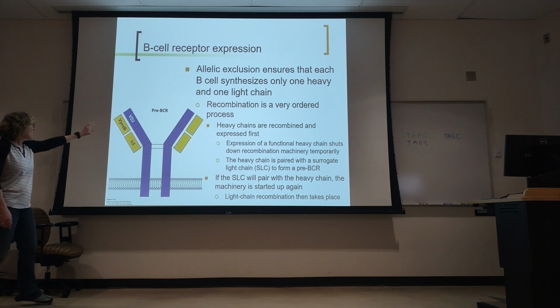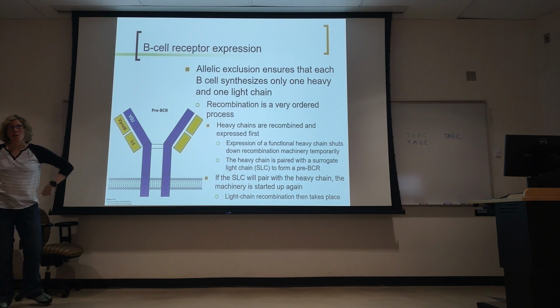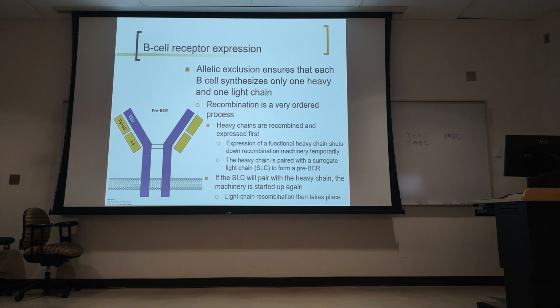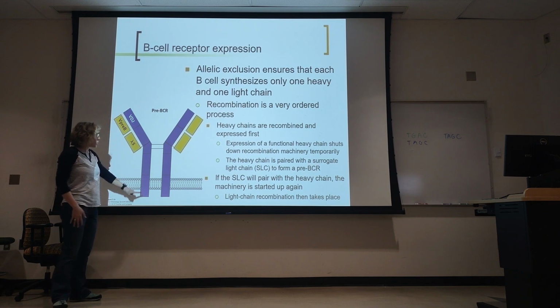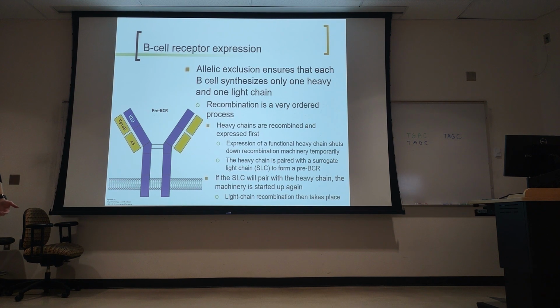And so these special placeholder protector proteins called lambda 5 and VpreB get added onto the heavy chain to act as a protector. The reason for this is that the heavy chain is part of an antigen sensing complex. And we don't want this to bind onto something and trigger signal transduction or changes inside the cell before the molecule is ready.